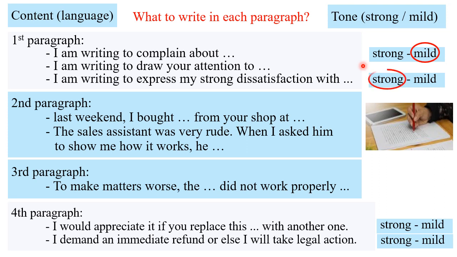The third has got strong tone. Go down here, please, and think of the tone. Yeah, the first two have got mild tone, but the last one has got strong tone, because this is a kind of threatening. I'll take legal action. Kindly, dear student, open your student book, page 106, and read the four choices A, B, C, and D from exercise 2.